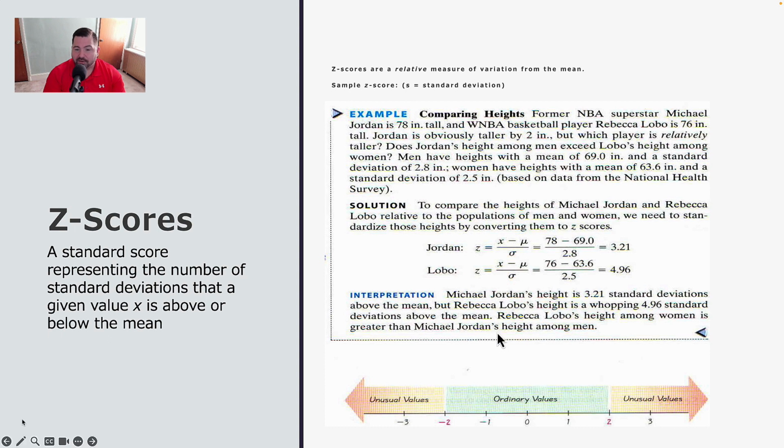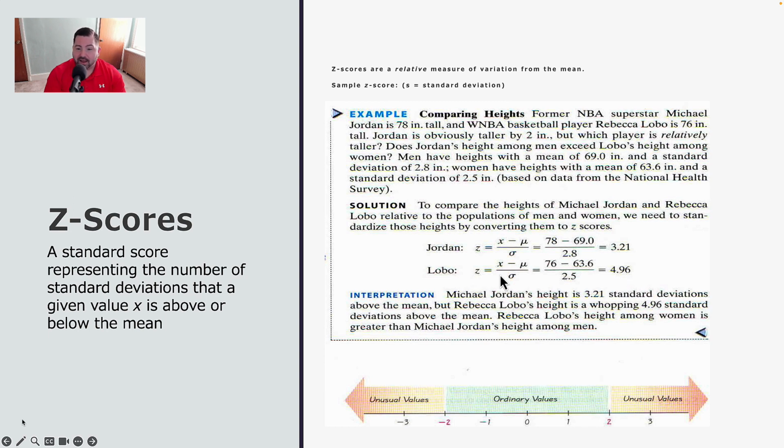But when we compare it to Rebecca Lobo's Z-score, you can see that Rebecca Lobo's height is even more extreme than Michael Jordan's. So on an absolute basis, even though Michael Jordan is 2 inches taller than Rebecca Lobo, on a relative basis as compared with their peers, Rebecca Lobo is the taller athlete compared to the people with whom she competes in the sport of basketball.